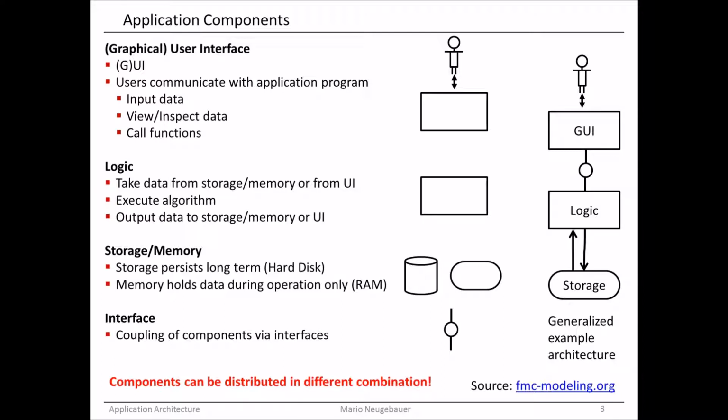The second part is important for the data which should be held during the operation of the logic or during the operation of the application program. And this is mostly called memory. It's the RAM in your computer, which is deleted when you turn off the computer. And you symbolize this storage with these two symbols.